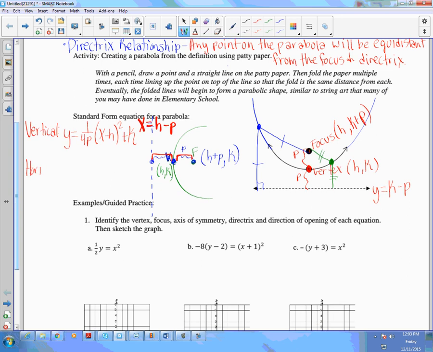If we have a horizontal parabola, it opens left and right, along the x-axis, so we need it to be x equals. Very similar: 1 over 4p times, I can't have x again, so it'll be y minus k, because y and k are always together, squared plus h.